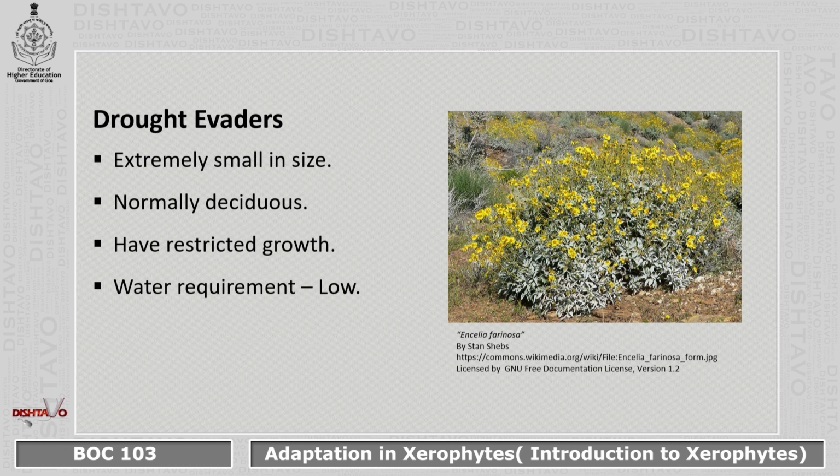These plants have completely restricted growth. And as these plants lose their leaves, the stem performs the function of photosynthesis. These plants require very little water. Hence, they evade the unfavorable period.